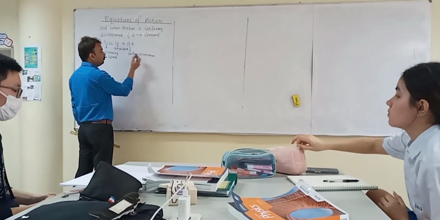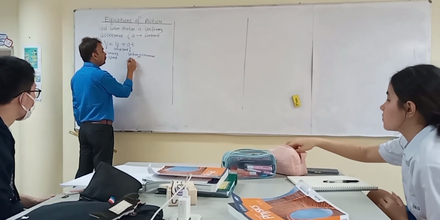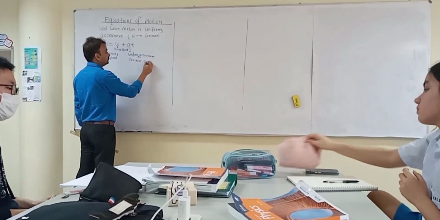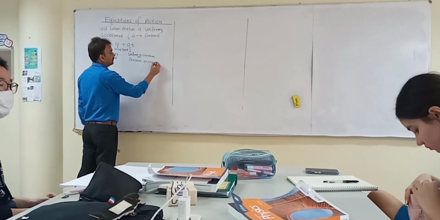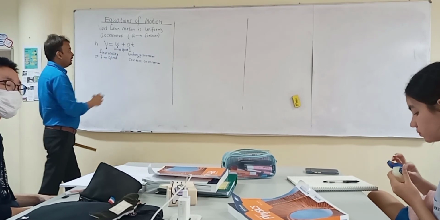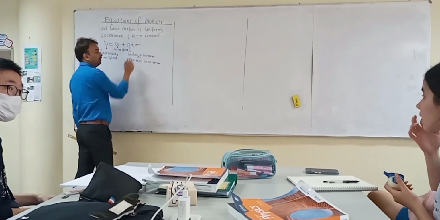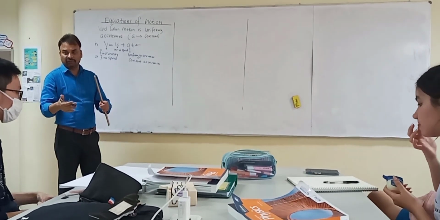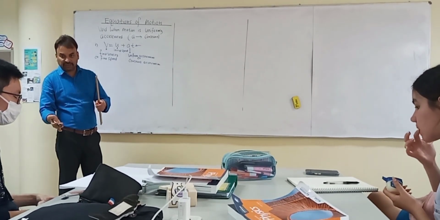So this is my first equation of motion. And T is the time taken by the object, or by any moving thing, from the starting point to the destination point.